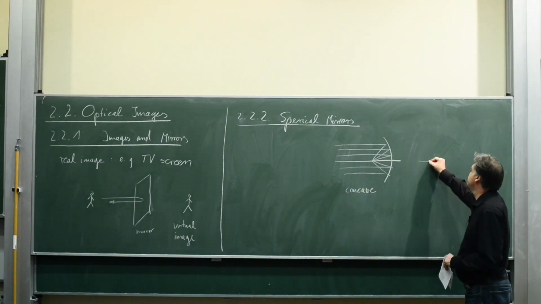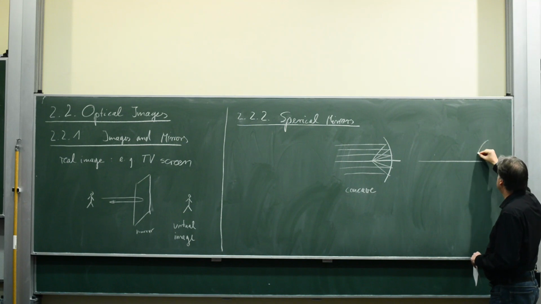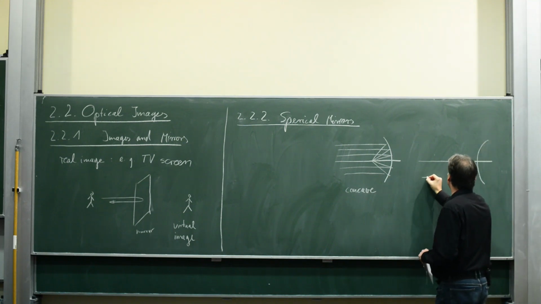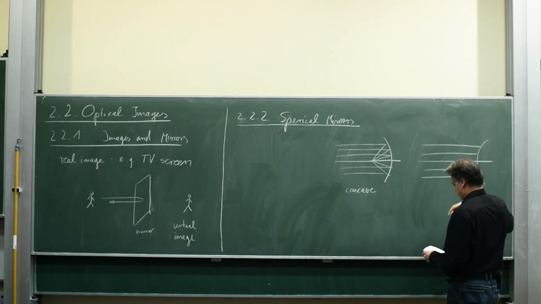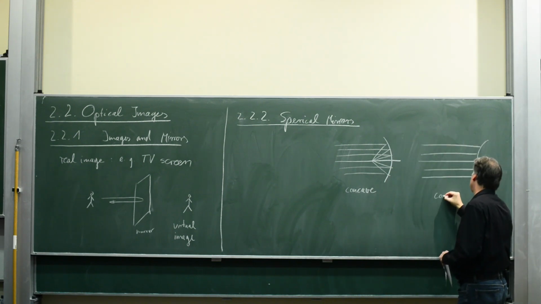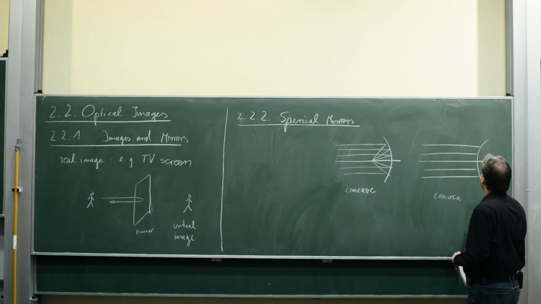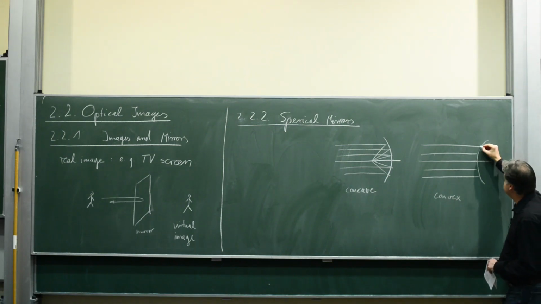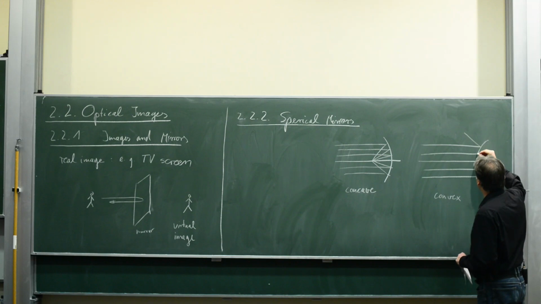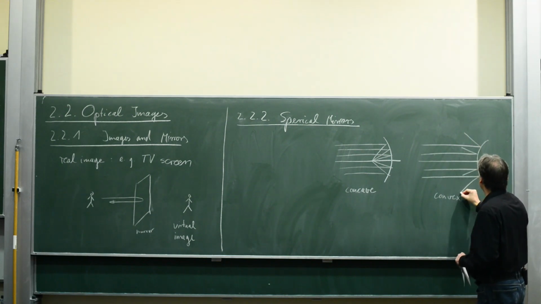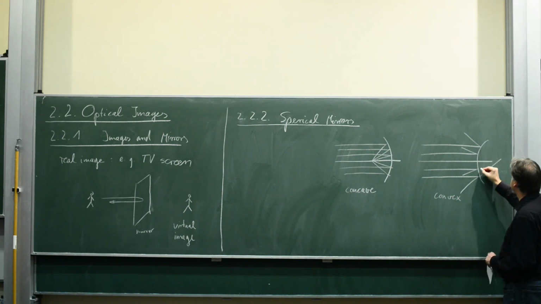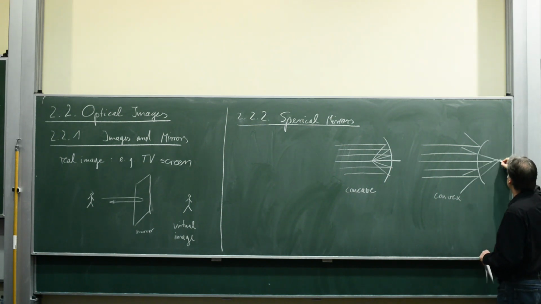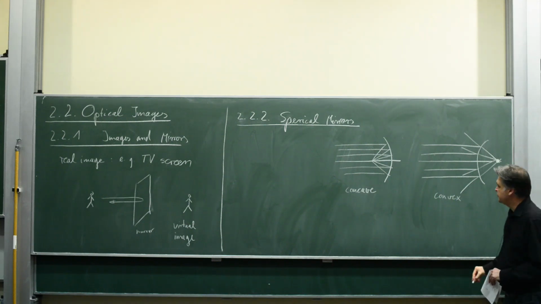And the other extreme case, convex. Again, the light is reflected perpendicular to the surface. And if you would now extend these lines, they would again all meet in one focal point.